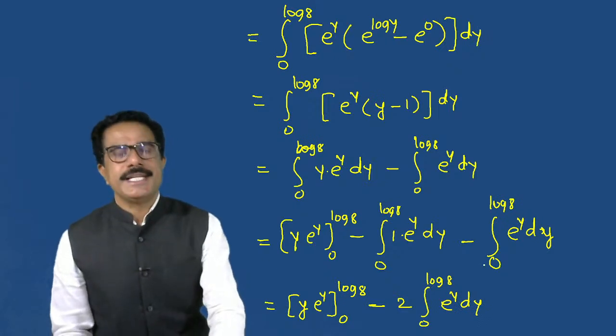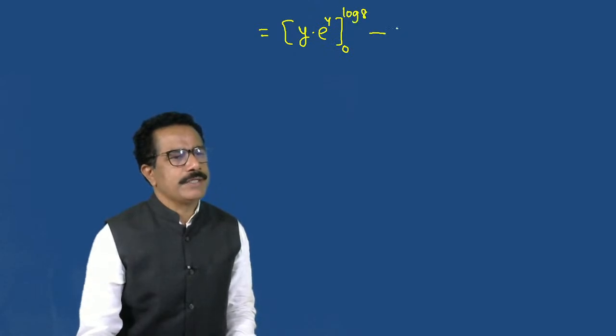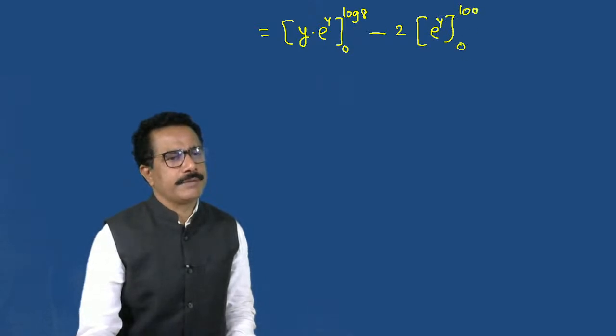So what will be the integral of e raised to y with respect to y? e raised to y. So y into e raised to y from 0 to log 8 minus 2 times e raised to y from 0 to log 8.